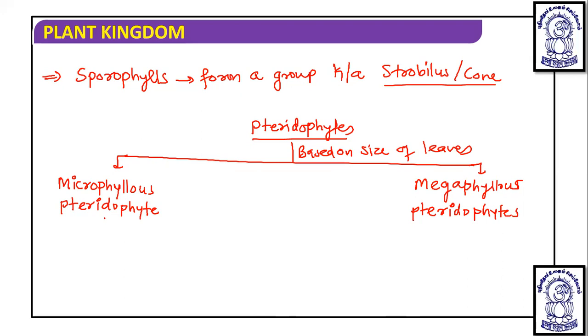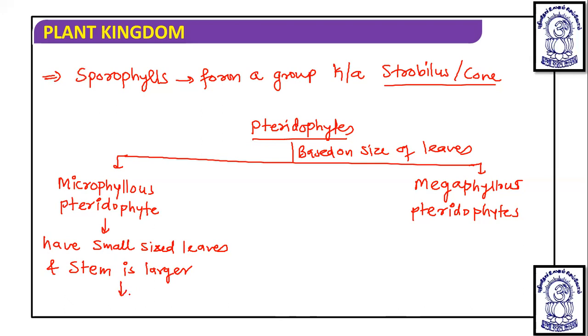This microphyllous pteridophyte, if we talk, has particularly smaller leaves, but the stem is larger. They have small sized leaves and the stem is larger.